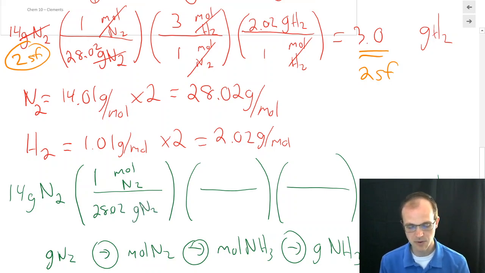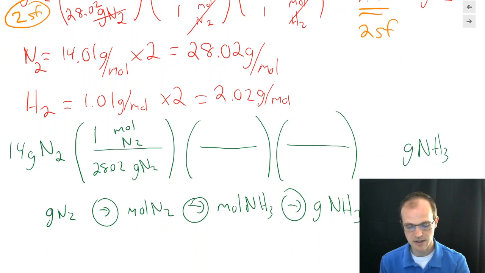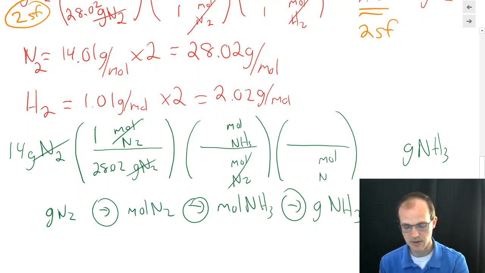For moles of nitrogen to moles of ammonia, moles of nitrogen has got to go on the bottom, so that was 1 on top, 1 on bottom, and those cancel. And then what goes on top is moles of ammonia. And the next one, moles of ammonia has got to go on the bottom, otherwise it won't cancel. And what goes on top is just the thing we're looking for, which is grams of ammonia.